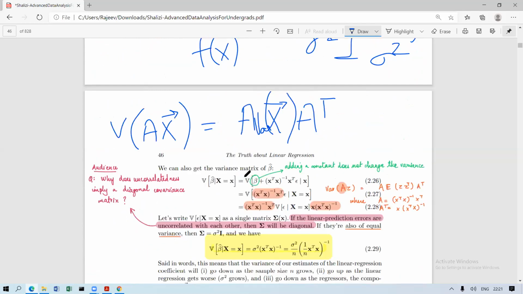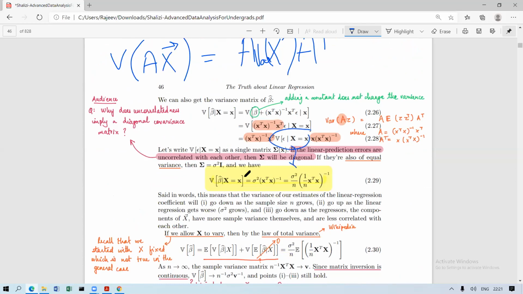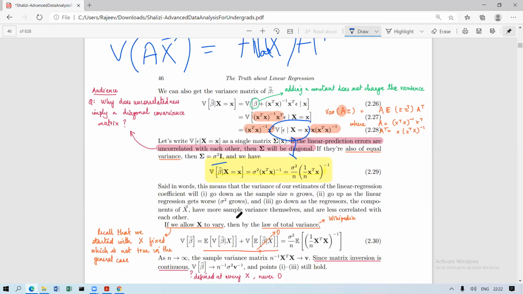If this is the case, then the variance comes down to be sigma square I. This x transpose x will cancel.